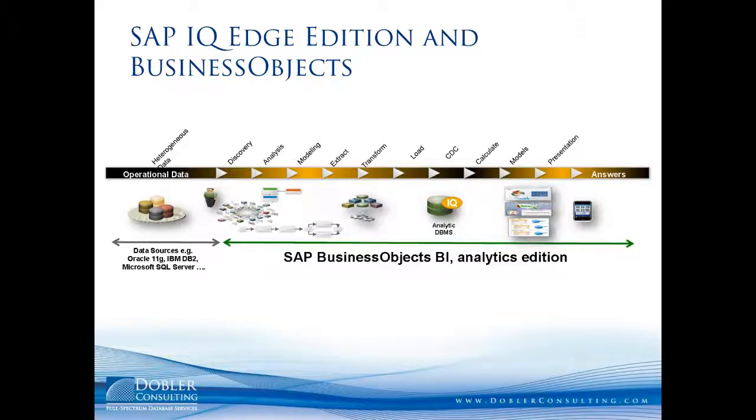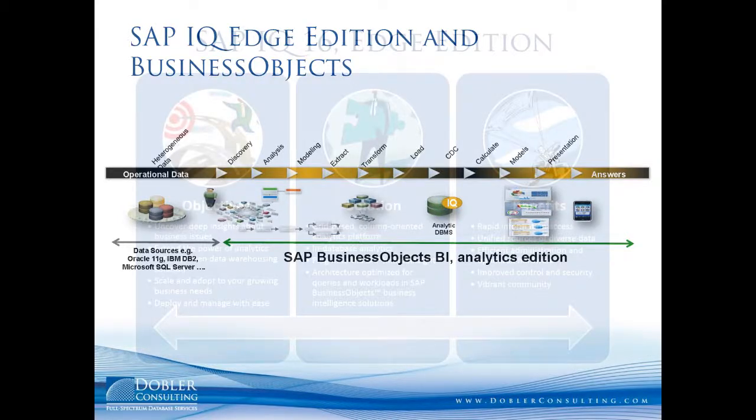So I hate to stress the word plug and play, but that's more or less how IQ acts in an environment like this, specifically if there is a SQL Server environment involved as an underlying database for the Business Objects BI and Analytics edition.